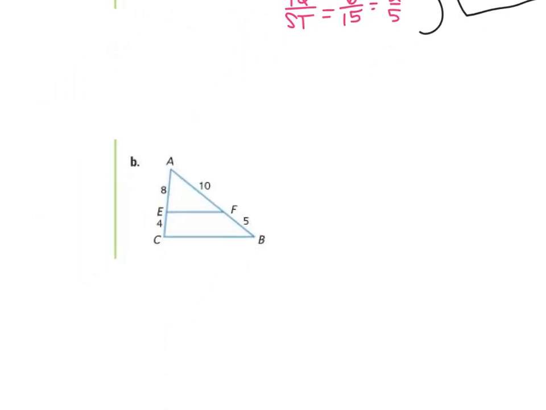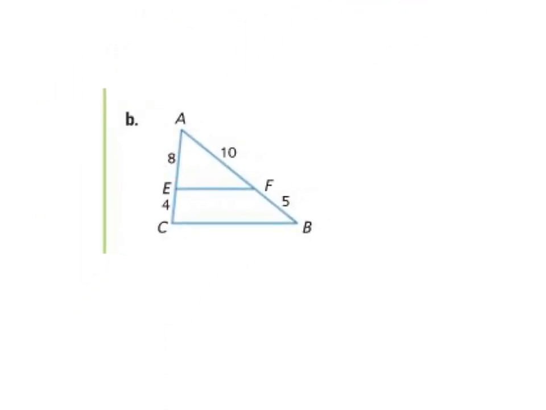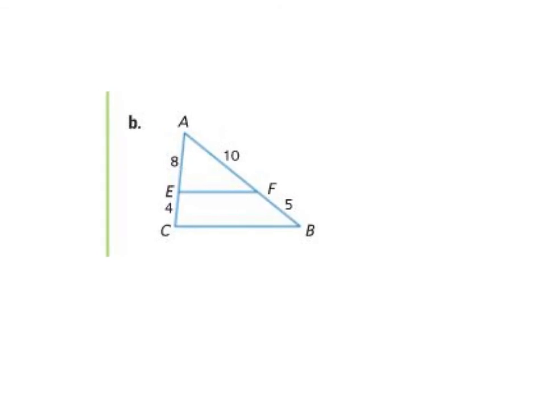Okay, so looking at an example, down here, you guys might notice that we have two triangles, one on top of the other. Okay, so AEF would be one triangle, ACB would be the other triangle. So we're going to kind of take this triangle apart and see if they are similar or not. So first I want to look at this angle right here.